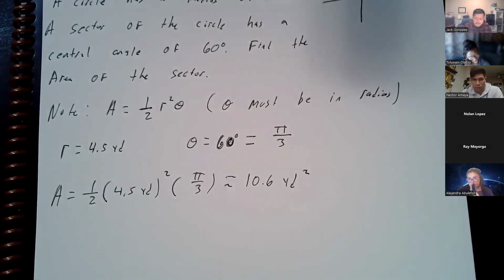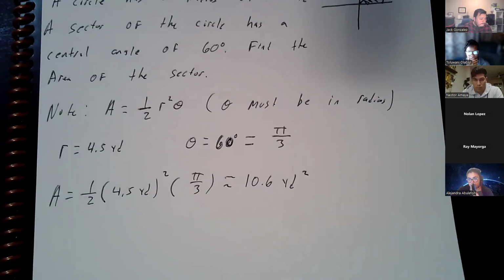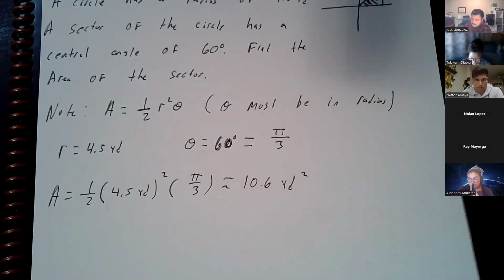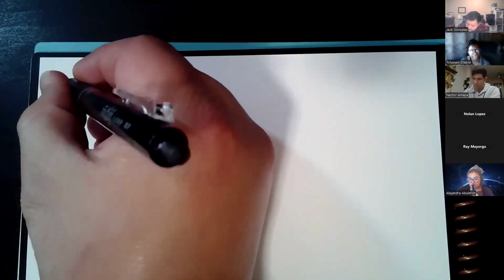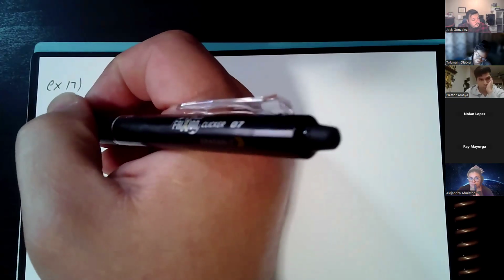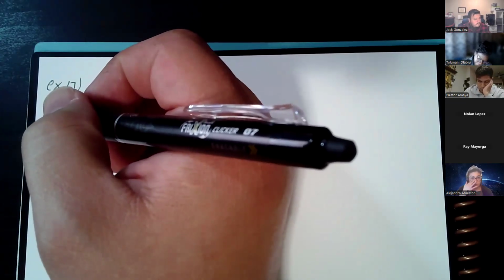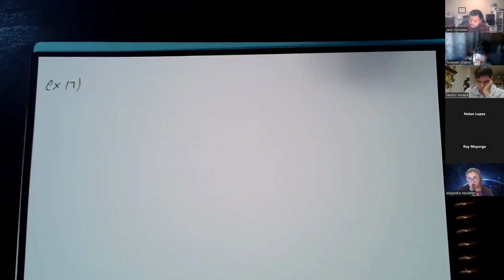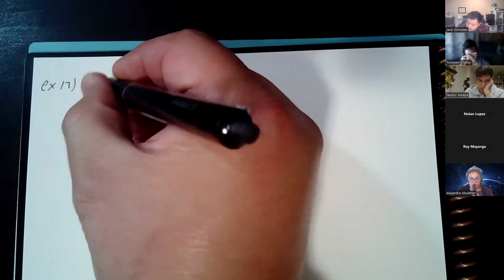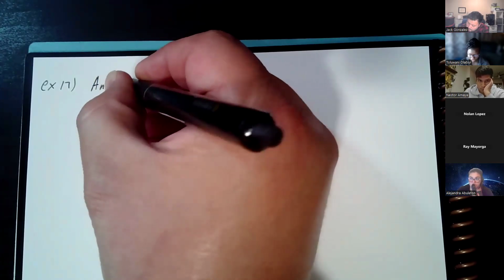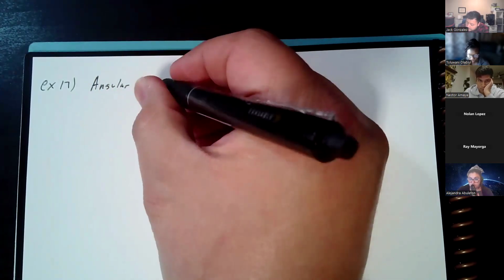Do one more example, and that'll be it for 4.1. We'll leave the rest to you guys. This is 17. Angular and linear speed.